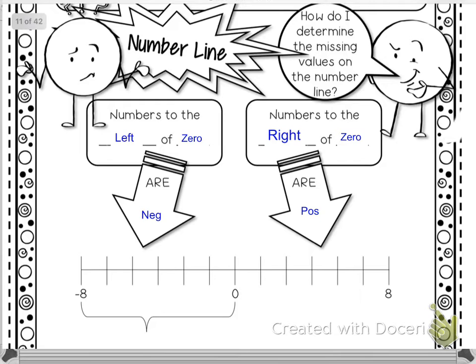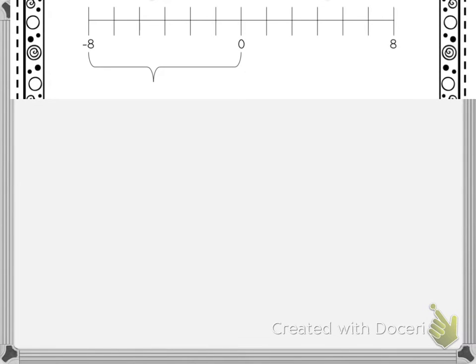On the next slide, we're going to look a little bit closer at this number line right down here. It's going to have a little bit of a trick that you might not think about. So we're going to look at exactly how to fill this in and read it. Our number line goes from -8, 0 is marked, and we have +8.